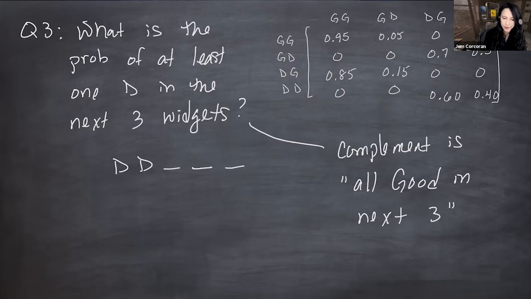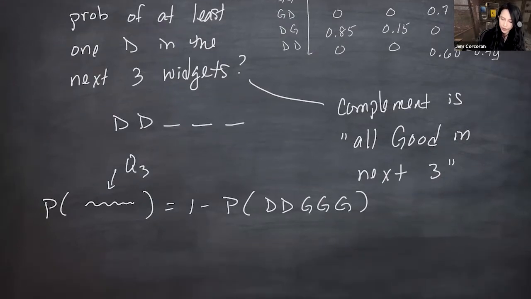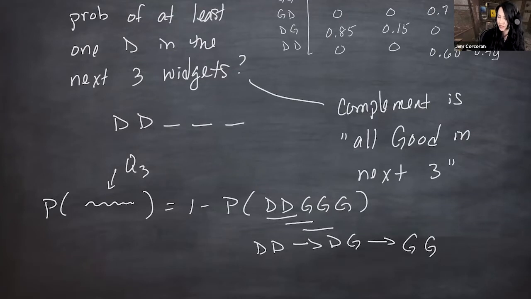So the probability of the thing we want, this is what I wrote for question 3, is 1 minus the probability of defective, defective, good, good, good, which really means we're going from defective, defective to defective, good, to good, good, to good, good.